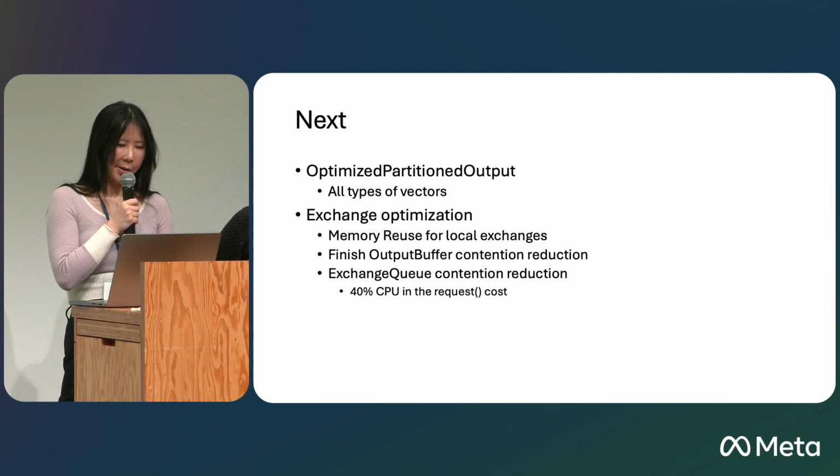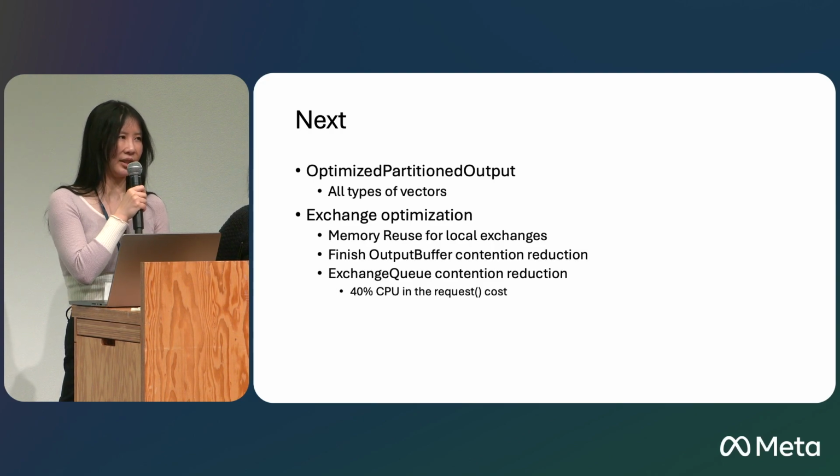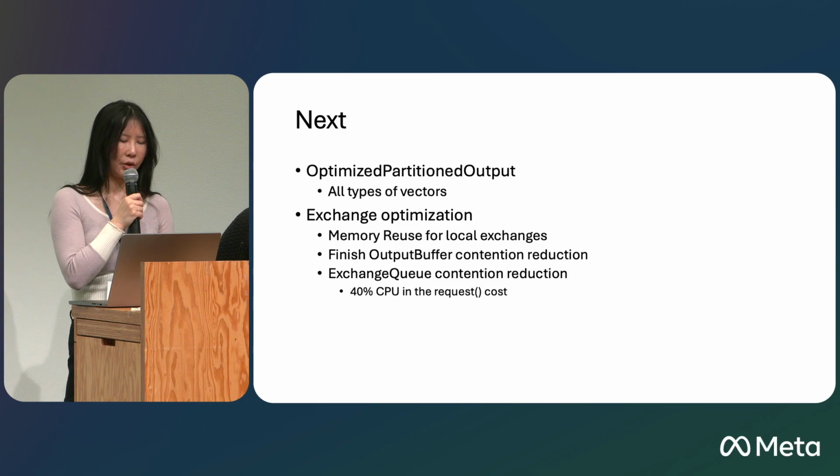When I was looking at the profiles, I found a large portion of the CPU was spent in the memory deallocation of the serialized pages on the receiving side. So I'm thinking maybe we can reuse this memory, especially for local exchange.